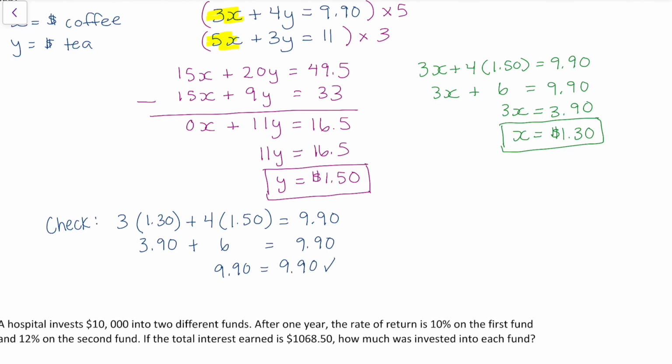So that one worked out. And let's check the second customer. Did 5 coffees and 3 teas. It was $11.